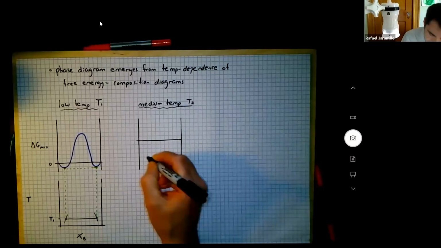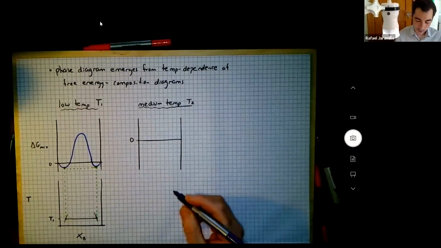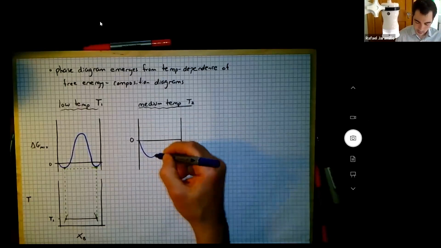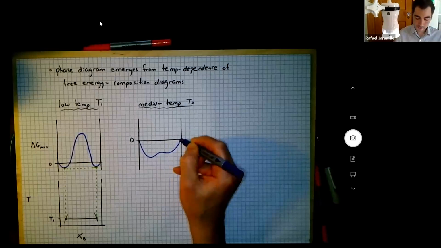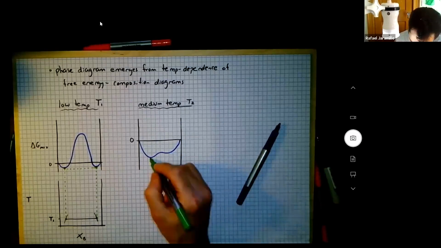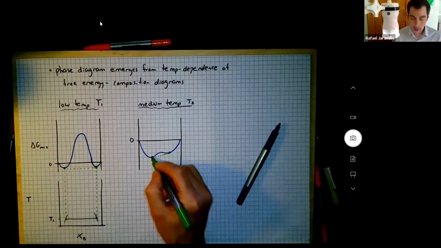So now my 0 of delta G of mixing will be there, and I'll draw it maybe like this. Okay, I've got a common tangent, right? There and there.